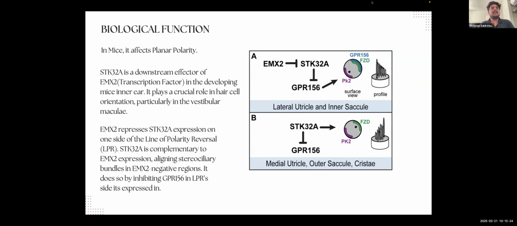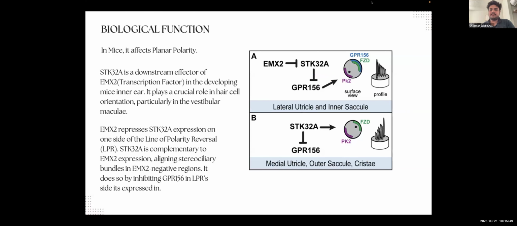For the biological function, it affects planar polarity. Planar polarity is an organizational feature of epithelia in which the polarity of cells and tissues is coordinated along a plane perpendicular to the apical-basal cell polarity axis. STK32A plays a crucial role in regulating planar polarity in the vestibular maculae of the mouse inner ear.